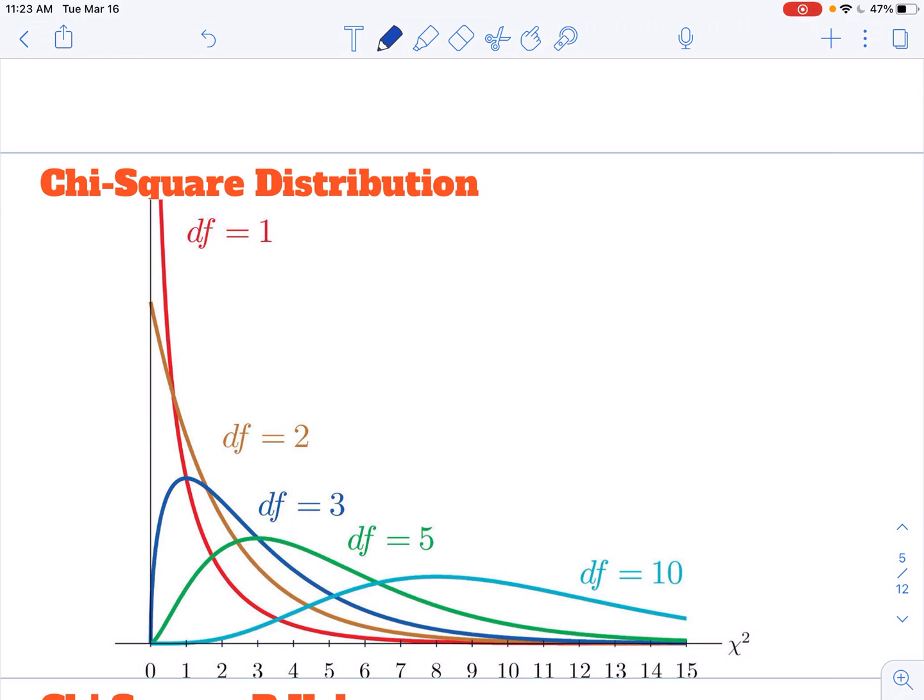The higher the degree of freedom, the less skewed right your distribution is. The more degrees of freedom you have, the more it starts looking, I don't want to say normal, but more symmetric, more even. If you have a lot of categories, there's a lot more room for error, and there's a larger chance to get some values that are fairly far off.